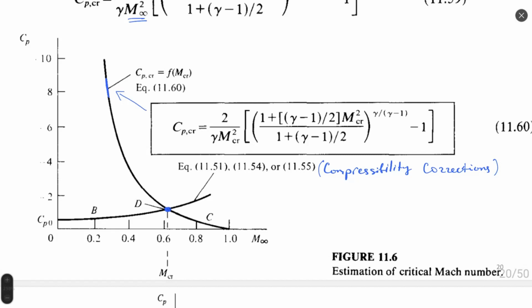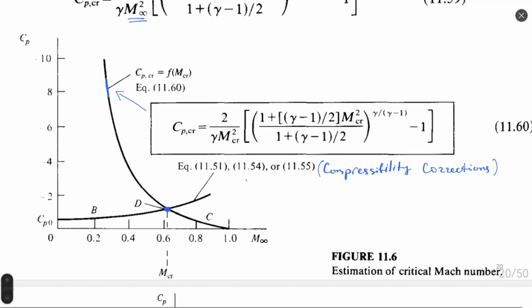Let's take a look at what we involve to find this solution. From equation 60, we involve the isentropic nature of flow around the airfoil when we still have no supersonic flow. From the geometry of the airfoil, we involve equations 51, 54, and 55, which already incorporate the geometry of the airfoil inside CP0.